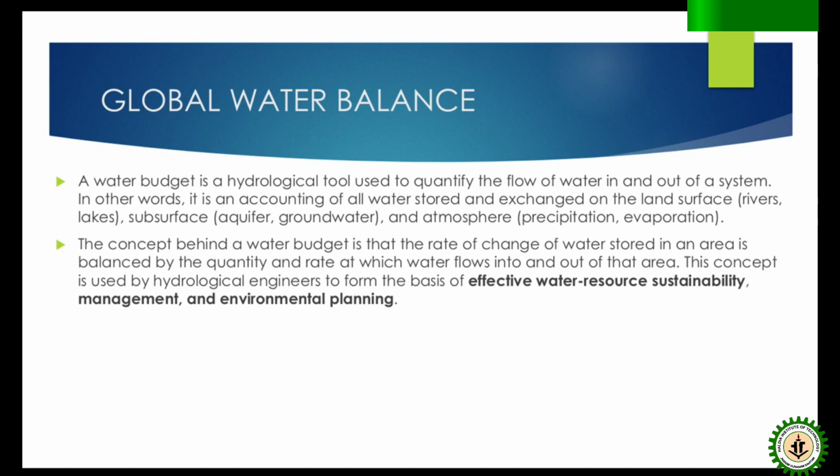And what goes out, your expenditure, could be your runoff, your evaporation, your groundwater seepage. All these things are your outflow. When you prepare a complete account of both inflow and outflow, this is called water budget.